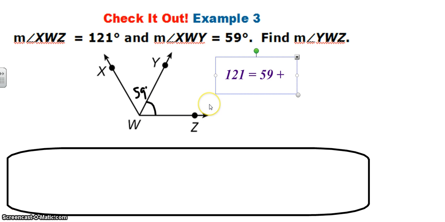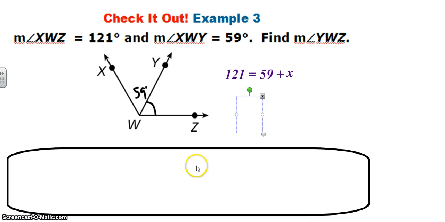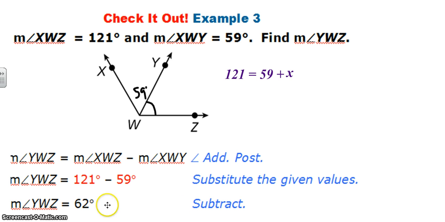I don't have an angle symbol, so let's just call it X, plus the unknown angle X. So here we have a simple algebraic equation that you simply solve, and hopefully you all agree the missing angle is 62 degrees.